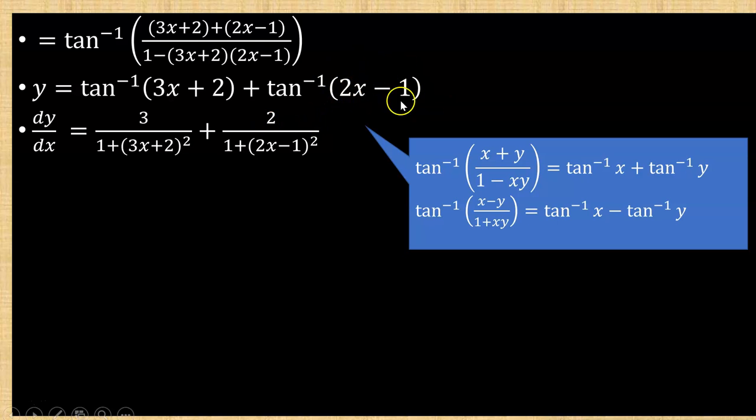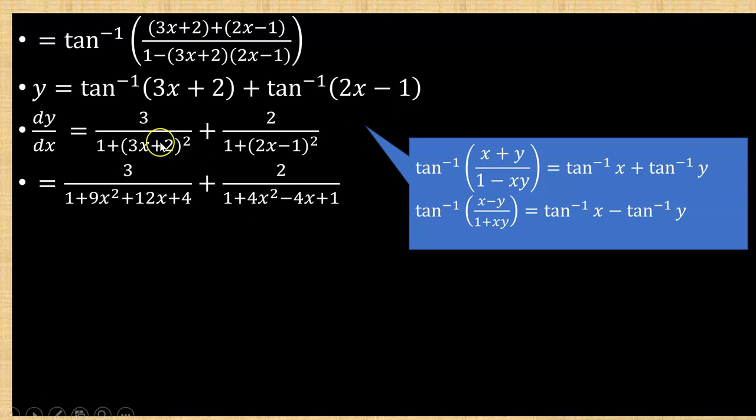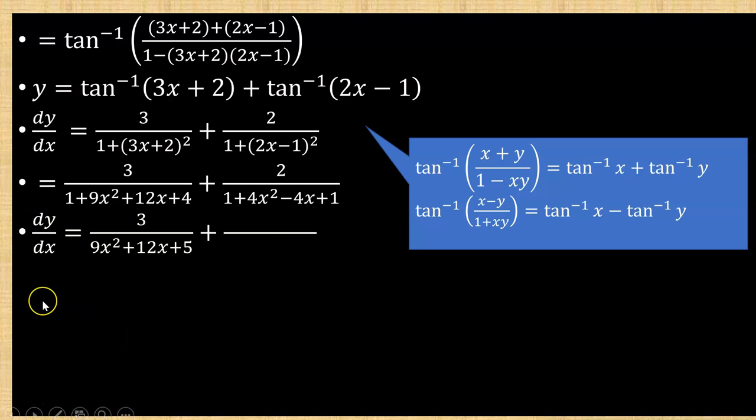Its derivative is 2, the derivative of 1 is 0, and hence we have here 3 upon, if we expand this 3x plus 2, then you will get 3 upon 1 plus 9x square plus 12x plus 4, plus 2 upon 1 plus 4x square minus 4x plus 1. And therefore dy by dx is equal to 3 upon 9x square plus 12x plus 5, plus 2 upon 4x square minus 4x plus 2.